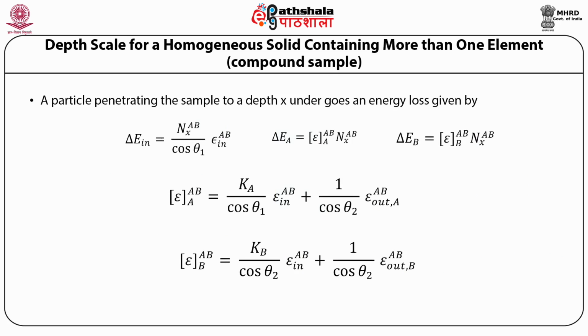The depth scale for a homogeneous solid containing more than one element, or a compound sample. In this section, we shall discuss the backscattering spectrum of a sample composed of a homogeneous mixture of several elements.